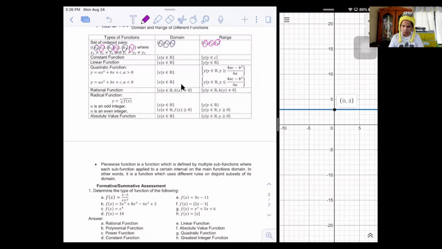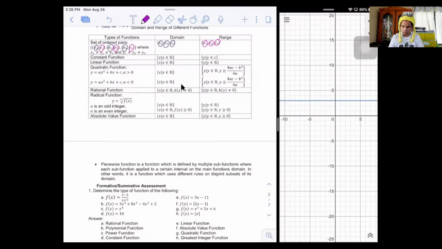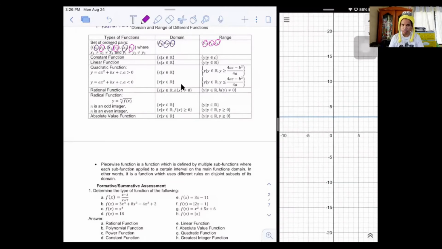It is a function because tanan values ni x, if mag-drawing ka og vertical line, it will intersect the graph in at most one point only. So tanan values ni x maigo niya, but for the value of y usa ra gyud kanang 3. Yes. So if you're going to hover it around something like that, lahi-lahi ang values ni x but same lagi ang value ni y.